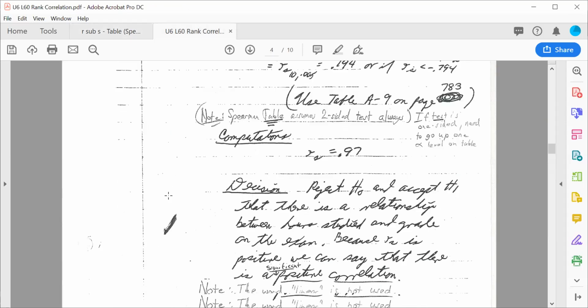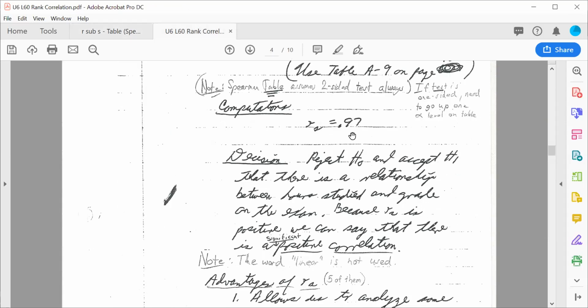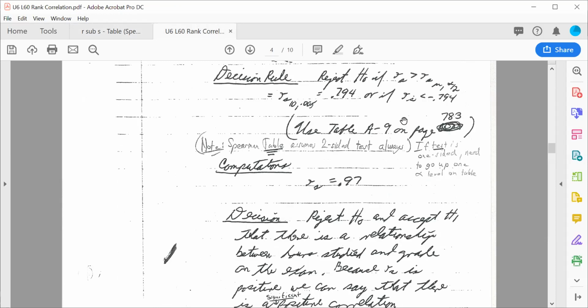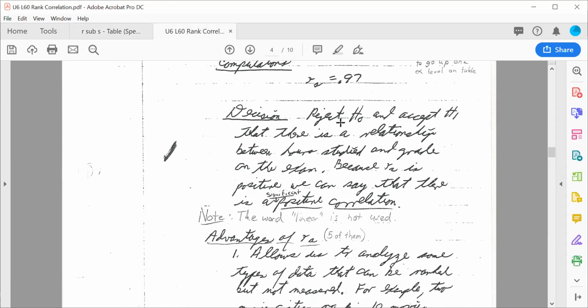Okay. The computations, R sub S is 0.97. Did it on our calculator. You could just say done on calculator. Now wait, 0.97 is much bigger than 0.794. So we are going to reject H0. We're going to accept H1 that there is a relationship. There's a correlation between hours studied and grade on the exam. Notice that the R value is positive.